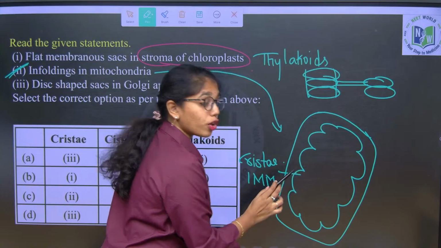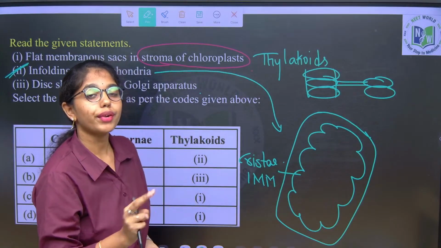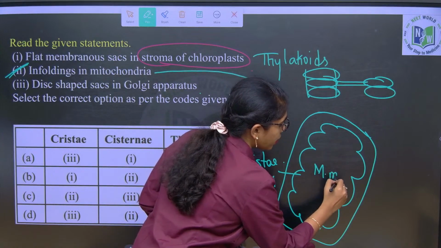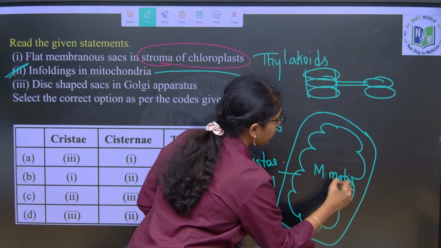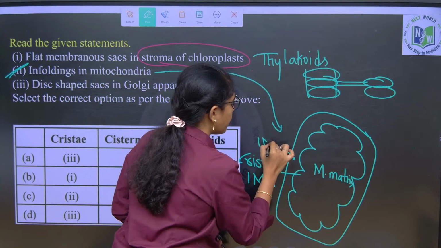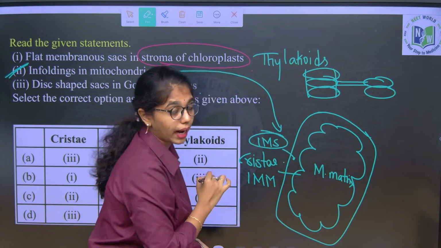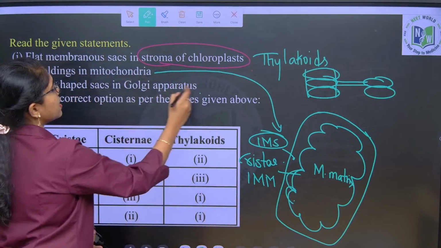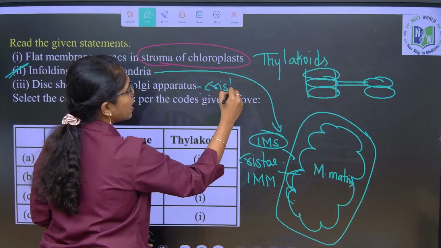This inner mitochondrial membrane makes the mitochondria into two compartments, right? Inner compartment is called the mitochondrial matrix and outer compartment is the intermembrane space. Do remember that. Now, these infoldings are called what? Cristae. This is called cristae.